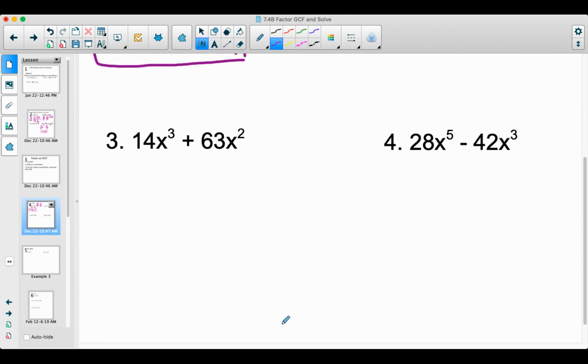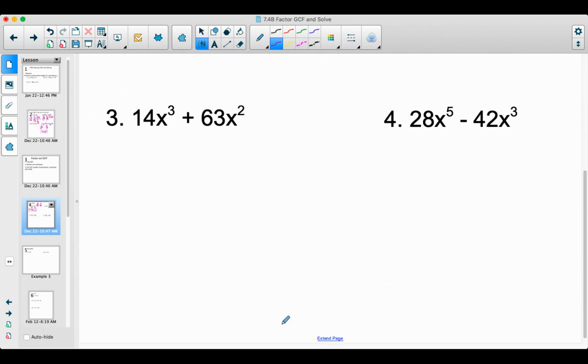Let's take a look at some larger numbers here. We'll do our 28 and 42. So 28, we know 1 and 28, 2 and 14, 3 does not, 4 and 7, 5 does not, and 6 does not. And so that is our 28.